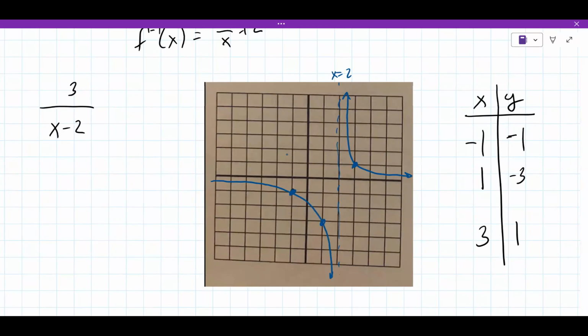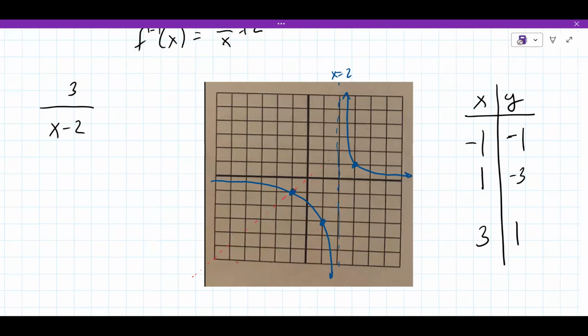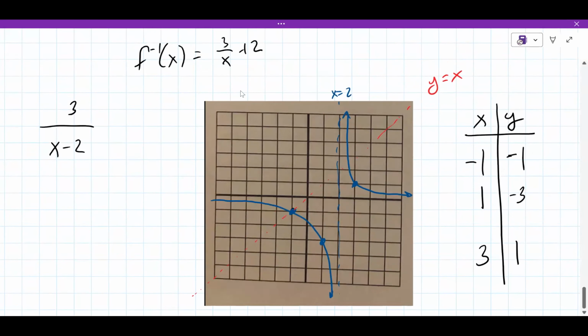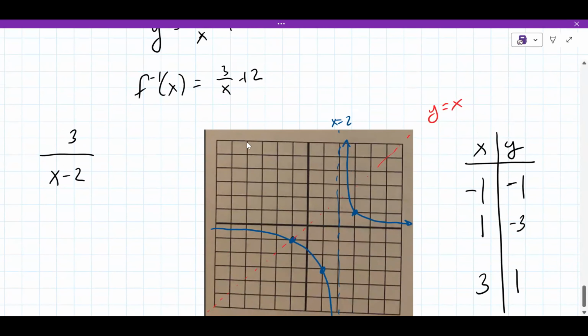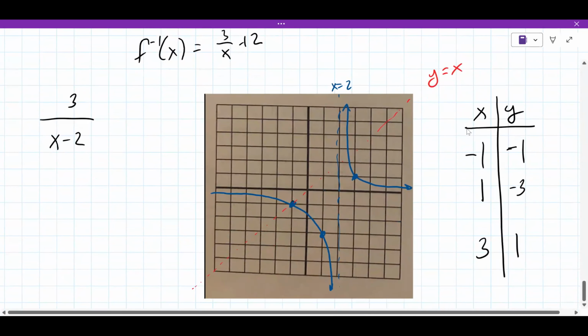And then the thing that they should have been telling you in class is that the line y equals x is what the inverse transforms over. You're going to see a mirror image of this when we graph the other one. The other thing is that these ordered pairs here, you flip them for the inverse.